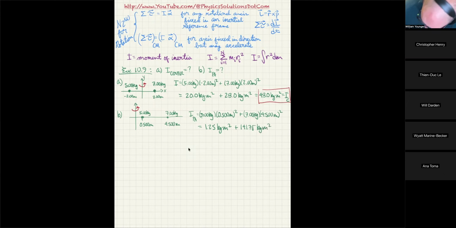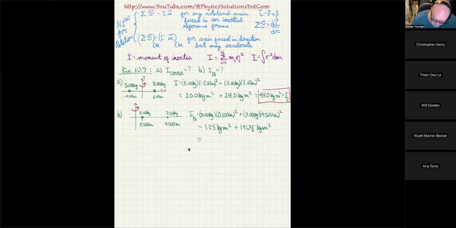kilograms meters squared. And in this case, we had 3 sig figs when we multiplied, so 1.25 is enough, and we go all the way up to that digit. The 0.7 is as far as we go on that one.